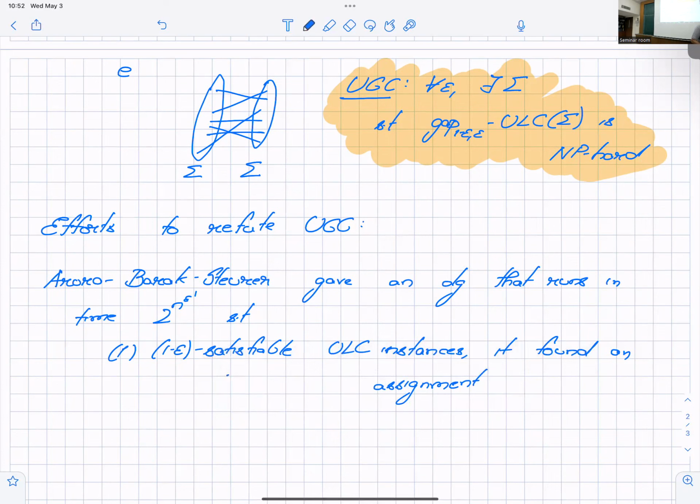a 3/4 satisfying assignment. So UG was solvable on a 99.99 fraction of the edges: there is one assignment, and it finds an assignment that satisfies 75% of the edges. And similarly, it also did the other way.